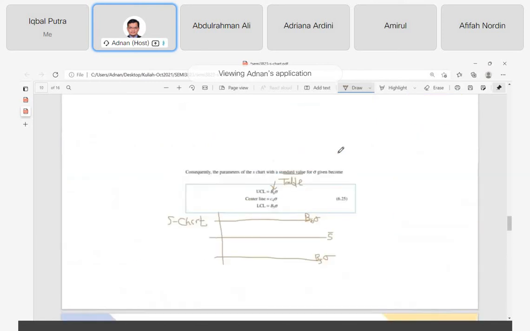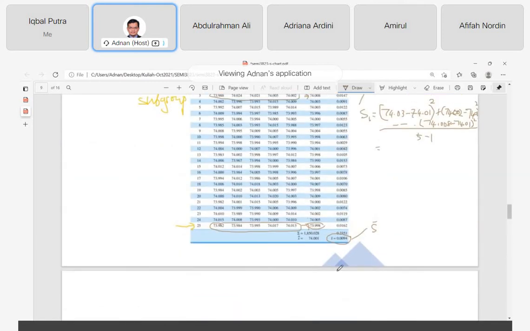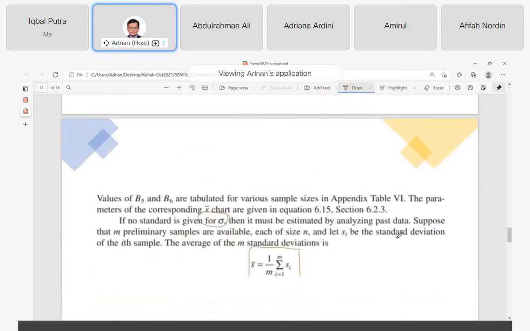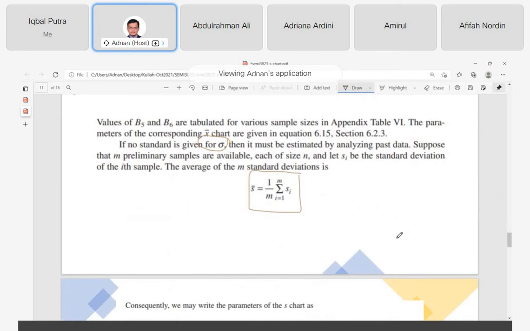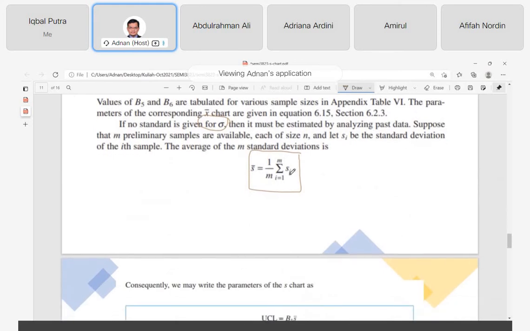In this case, we don't have a value, we can estimate this. We estimate this as S bar. Okay, so it's estimated: summation of this divided by how many subgroups we have. In this case, M is the number of subgroups. Sometimes I call it G, it's the same.